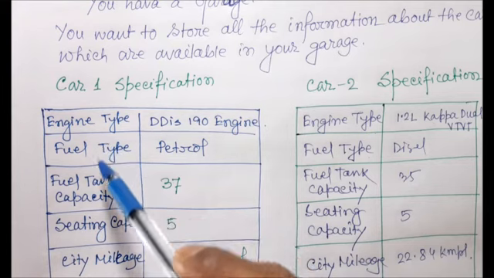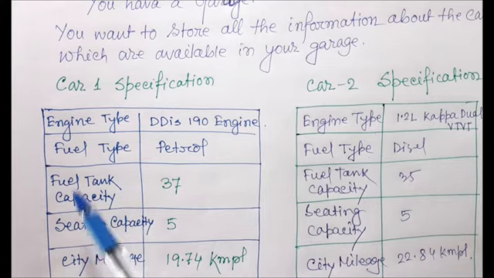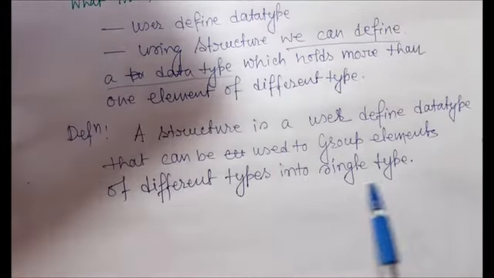So, here we are using different data types. Instead of it we can create our own data type consisting of separate fields or members into a single type.